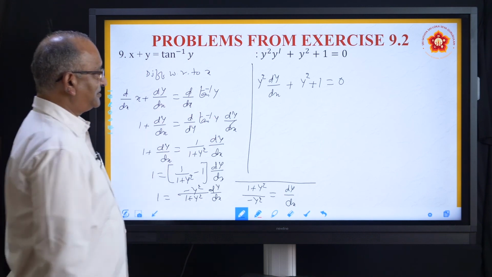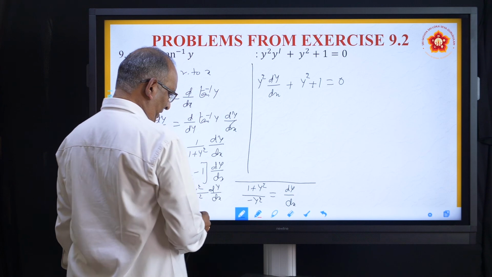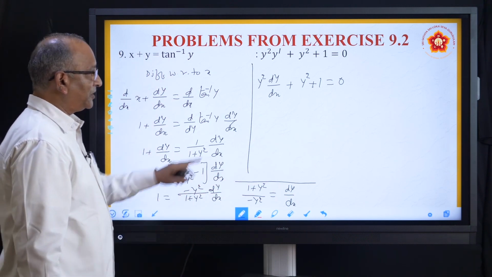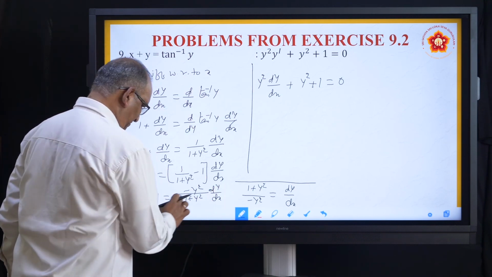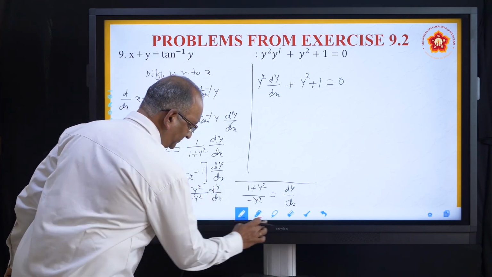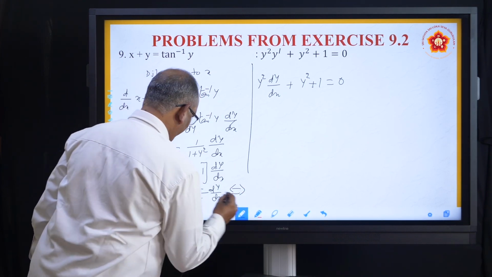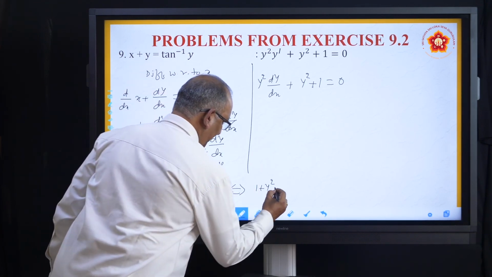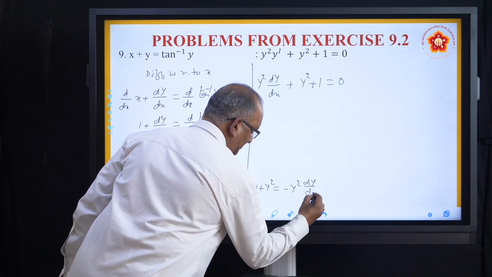Actually, this y square can be kept there also, because you can directly substitute its value. So let us keep this y square that side. This can be written as 1 plus y square equal to minus y square dy by dx.